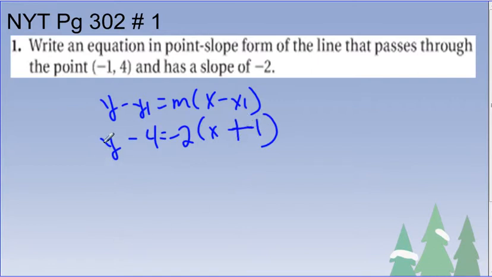And so our equation is y minus 4 equals negative 2 times x plus 1. So that's the equation of that line that has a point of negative 1, 4 and a slope of negative 2.